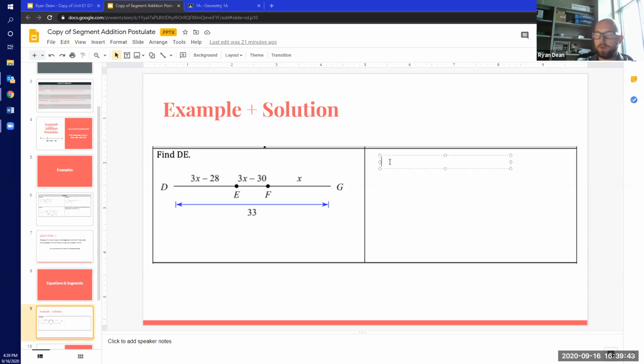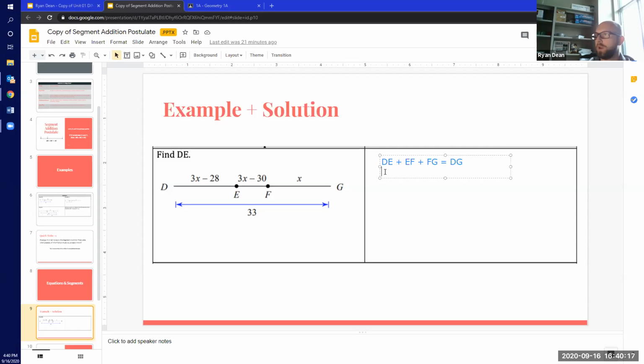So the way that this would look in terms of the points would be DE plus EF plus FG is equal to DG. So we have DE right here, and then we add in EF, which is a small piece, and then we add in FG, which looks a little bit bigger than the EF piece.